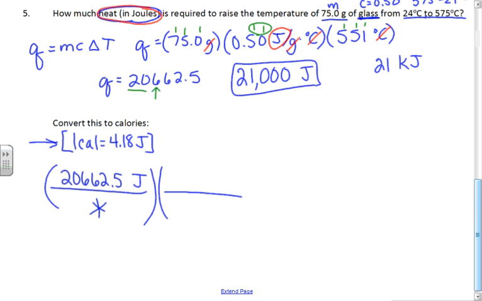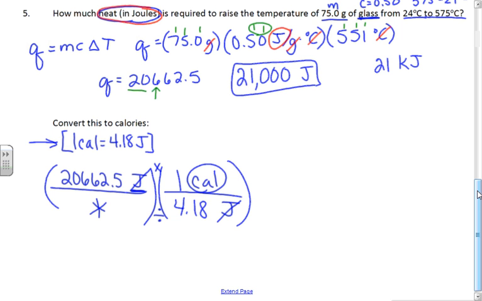And the way we pick which way it's going to go, we've got our joules unit right here. So that joules unit has to go on the bottom so that they can then cancel out. So our 4.18 joules goes on bottom, our 1 calorie on top. So whenever we do our math, we'll end up with calories. Remember, if it's on top, you multiply. If it's on bottom here, we're going to divide by it.